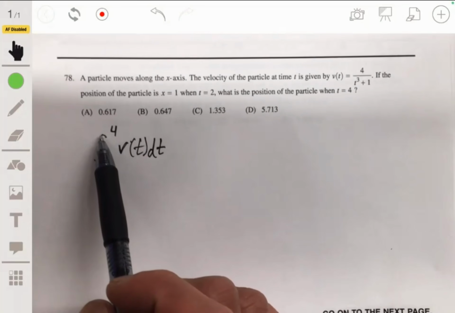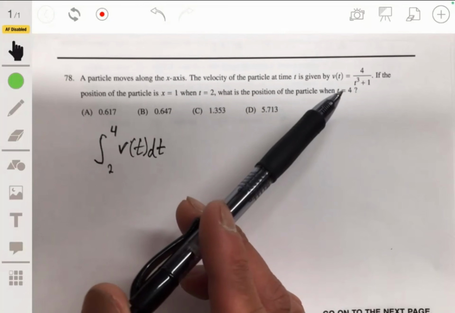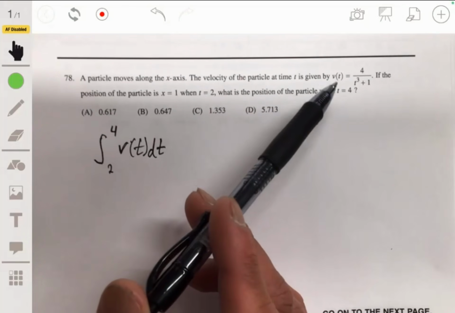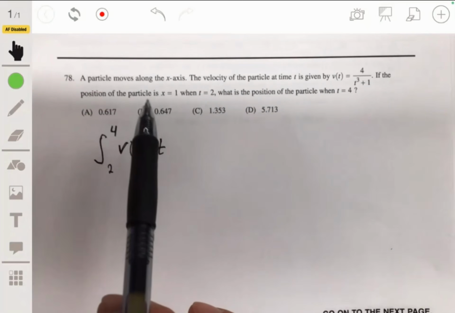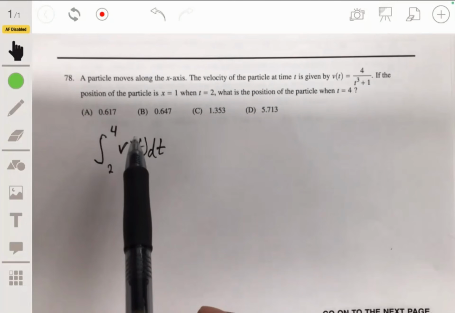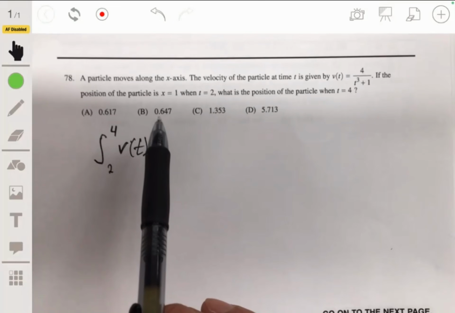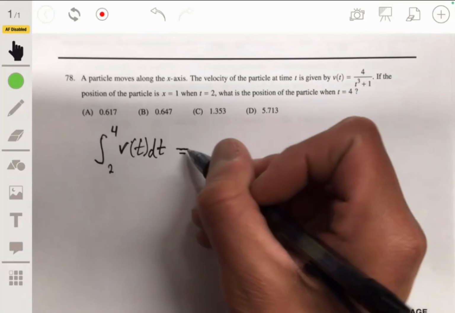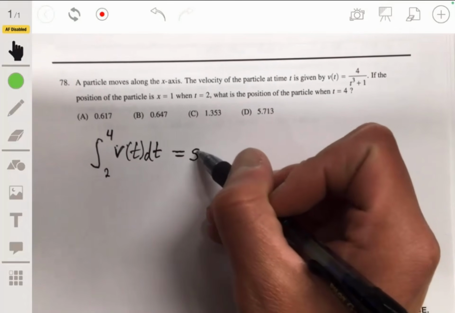So we're given velocity, so we can simply use our graphing calculator to plug this in. I'm trying to think if there's another way to do it. I mean, this would be s of 4 minus s of 2, but we don't have those really. Well, actually, let me first make this out. So remember, v is the derivative of s.